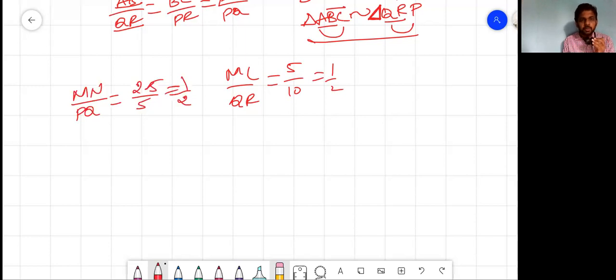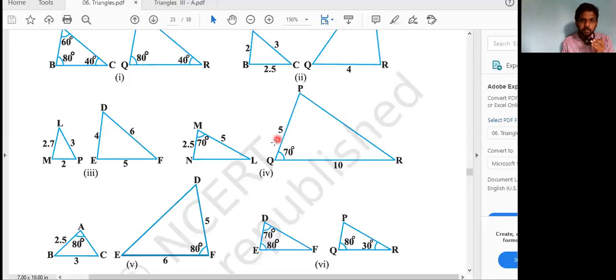So we have two sides proportional, and I'm not having any information about the third side because I don't know the side of NL and the side of PR. But I know one more angle here. The included angle, which means the angle between these two sides, ML and MN. These two lines are inclined at an angle of 70 degrees.